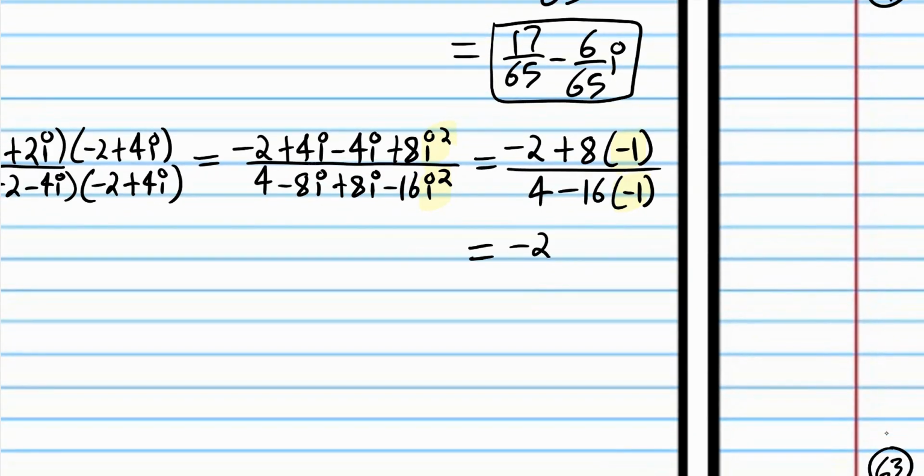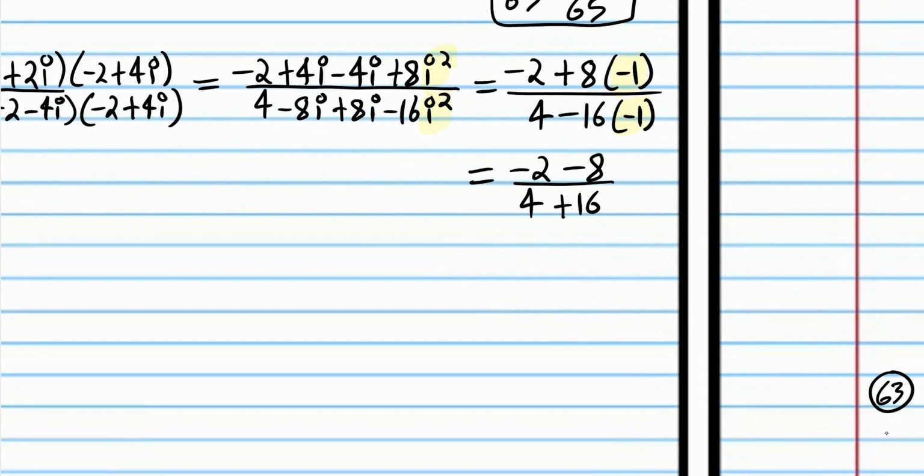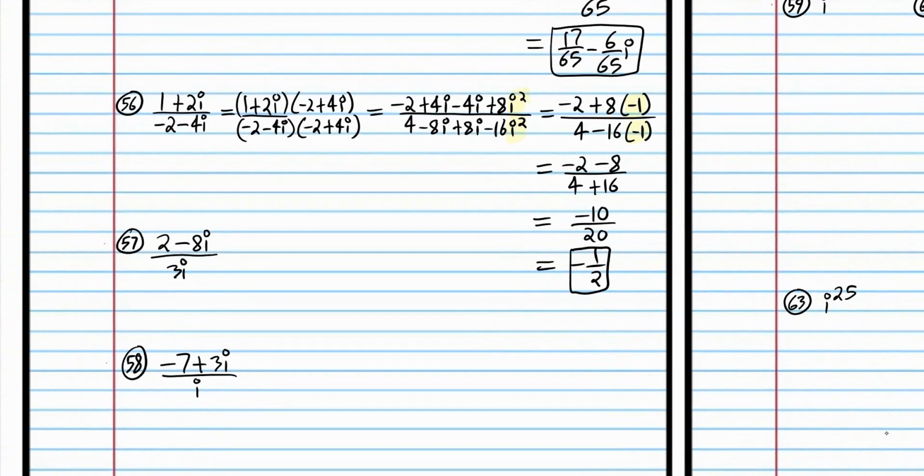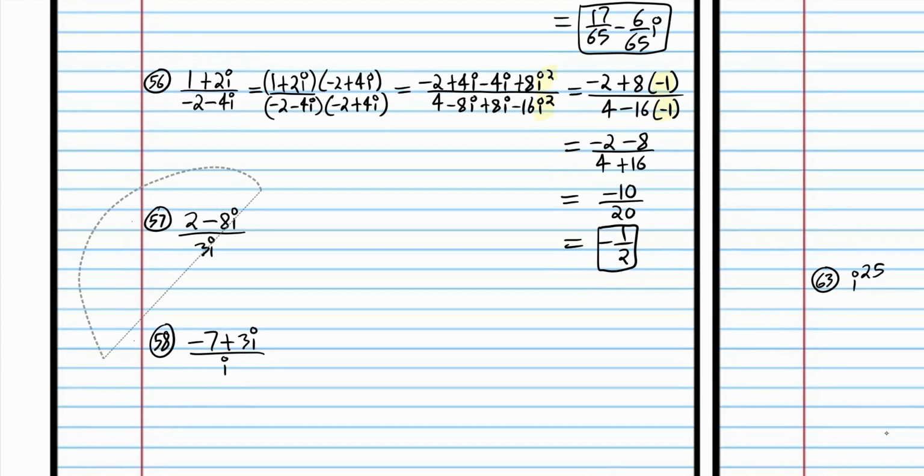Then we get negative 2 minus 8 over 4 plus 16. And we get negative 10 over 20, which is negative 1/2. So that was an unusual case where we actually just ended up with a regular number. So believe it or not, all that stuff just reduces to negative 1/2. So if you got that answer, good job.